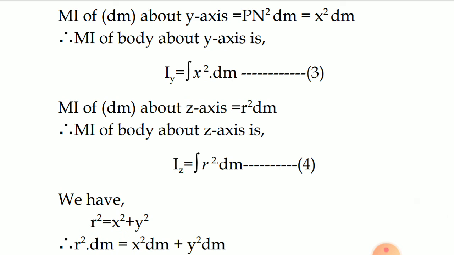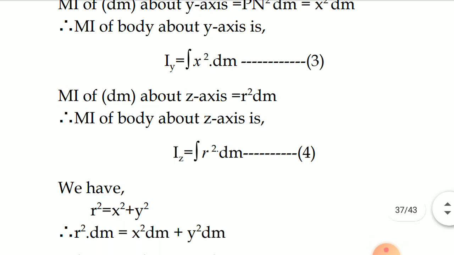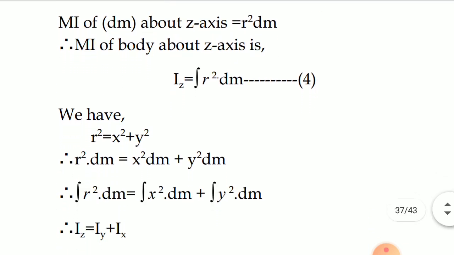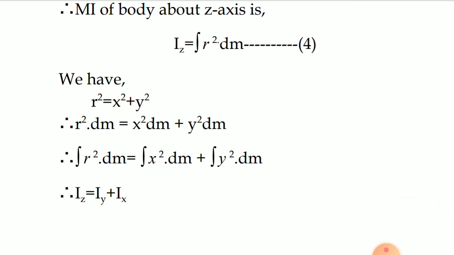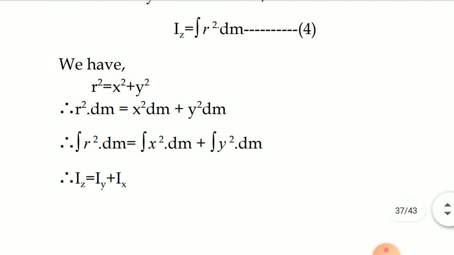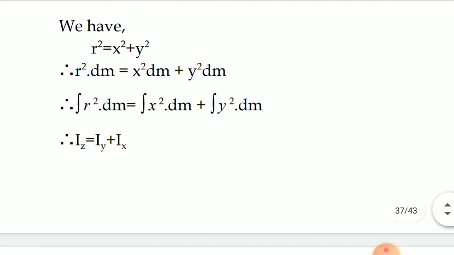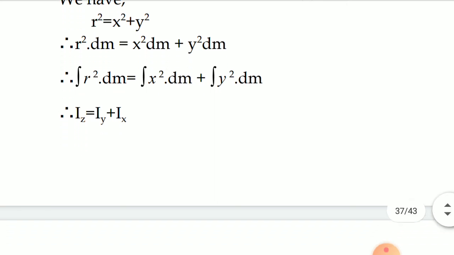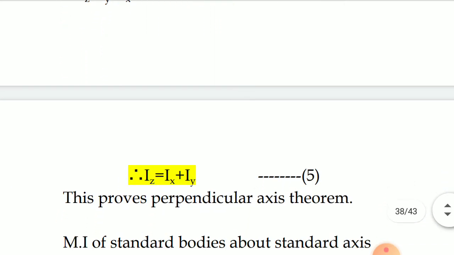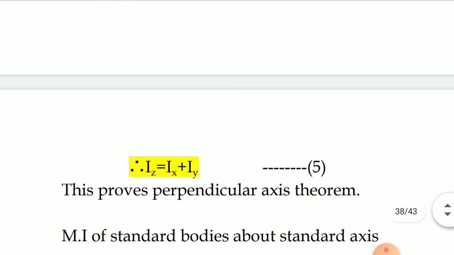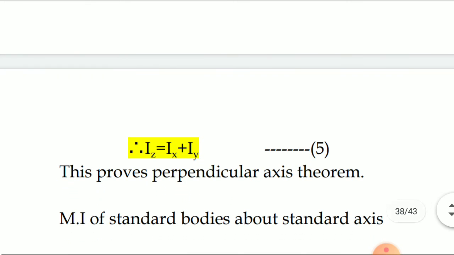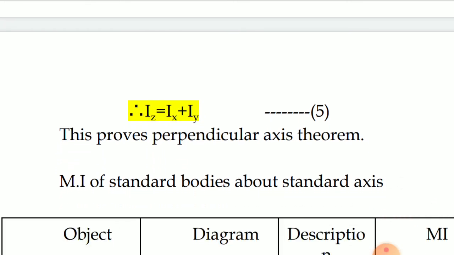Now take the earlier equation, equation number 1, r squared is equal to x squared plus y squared. If I multiply throughout by dm and integrate, I come to the final equation: I about the z-axis is equal to Iy plus Ix, which I can rearrange and write as I about the z-axis is equal to Ix plus Iy.